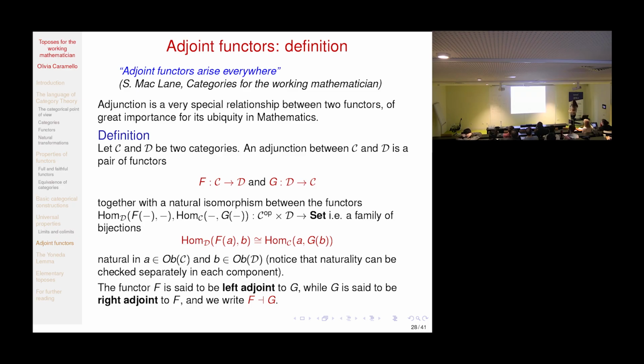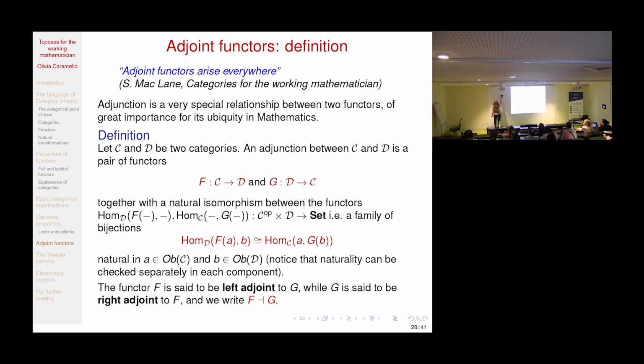Now we introduce another very important notion of category theory, the notion of adjunction between functors. Here is a very nice quote by Saunders Mac Lane about adjoint functors and their ubiquity in mathematics.